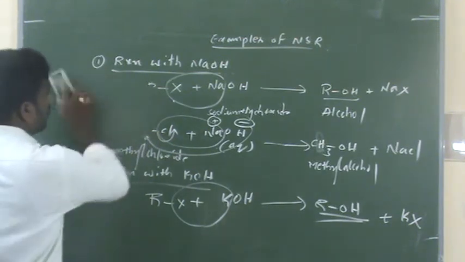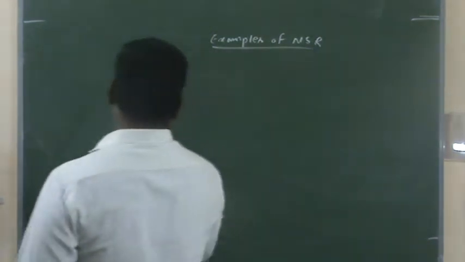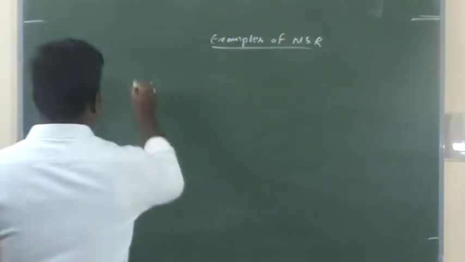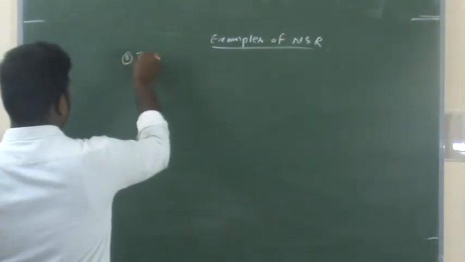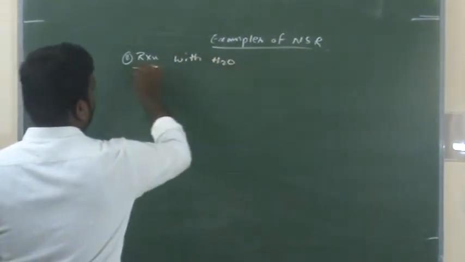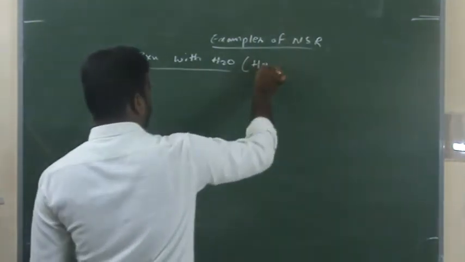That's why it is called the best example of nucleophilic substitution reactions. The second one of nucleophilic substitution reactions is reaction with water. Reaction with water is called a hydrolysis reaction.